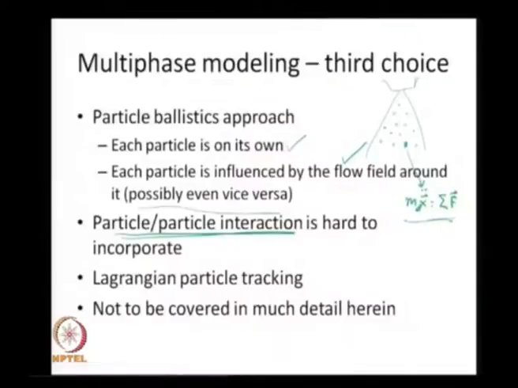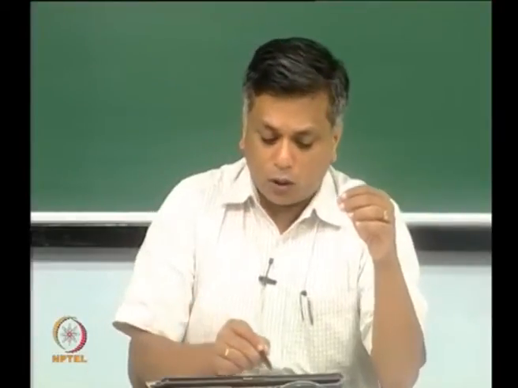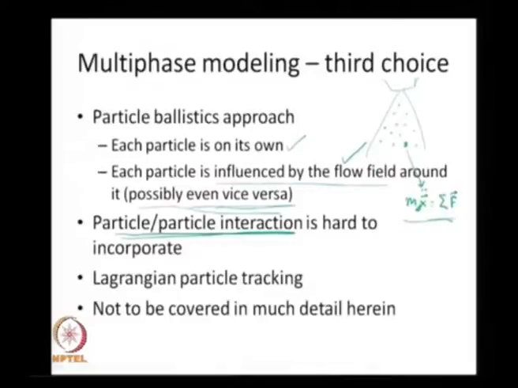So, this is essentially the physics of how particle tracking works, both one way coupling. That is, each particle is influenced by the flow field alone, which would be called a one way coupled particle tracking model. If you allow the vice versa thing to happen also, that would be a two way coupled particle tracking model.